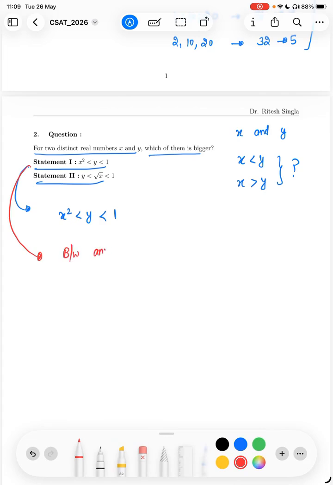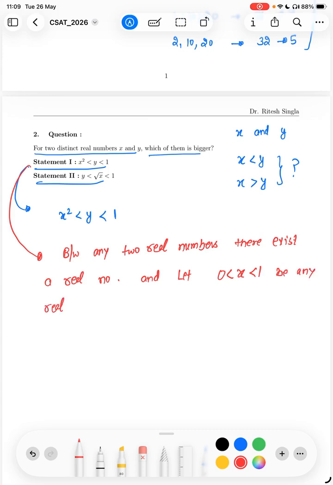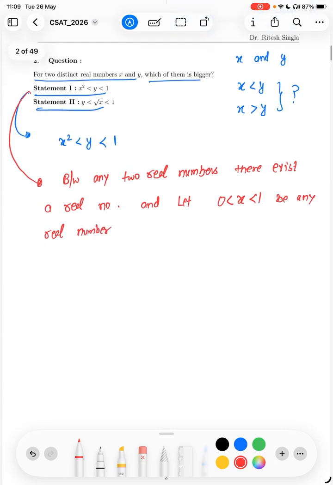Between any two real numbers, there exists a real number. Let 0 is less than x is less than 1 be any real number. What do I know if x is between 0 and 1?